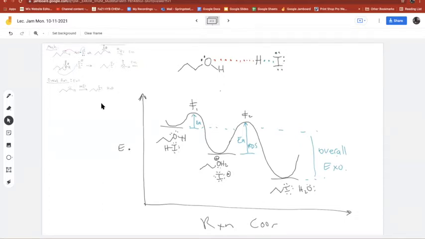Okay, but there's one other thing we need to talk about that we didn't have to discuss for radical halogenations. We got to talk about the partial charges. So the oxygen starts off at what partial charge? Does it start off at 0, -1, or +1?